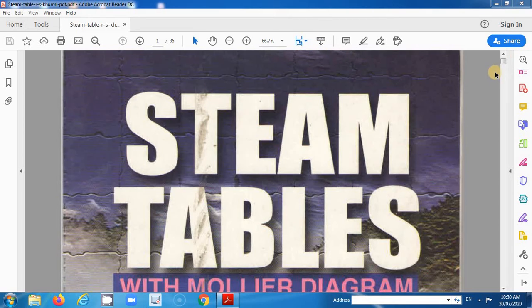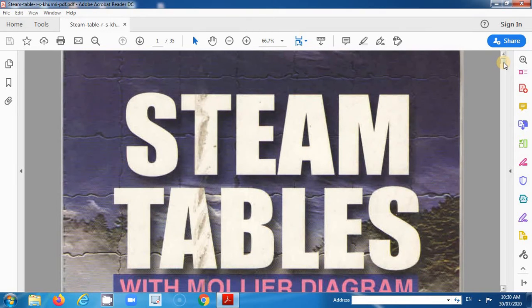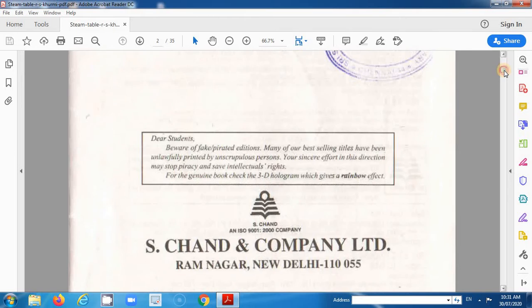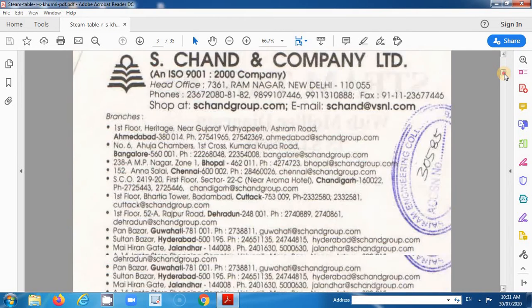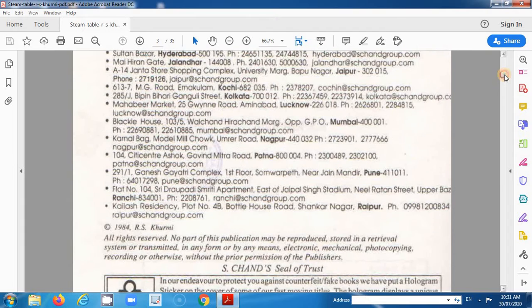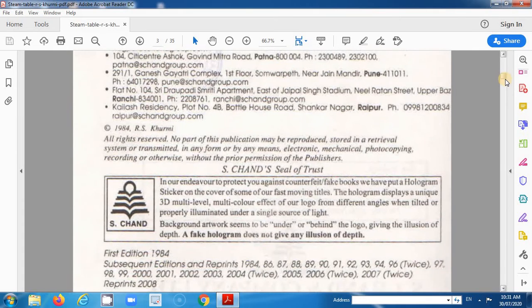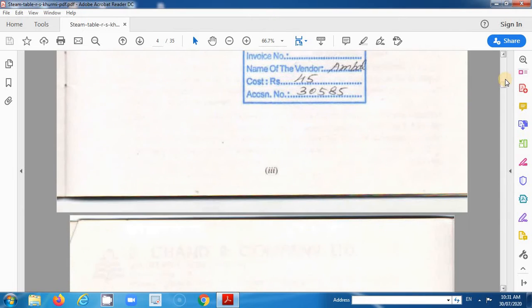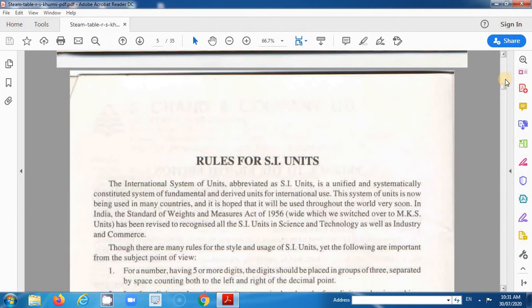So this is the front page of that booklet. Now we see the booklet. This is in SI units. This is something about the author and the preface of this booklet, and actually we have to see the introduction of this booklet.